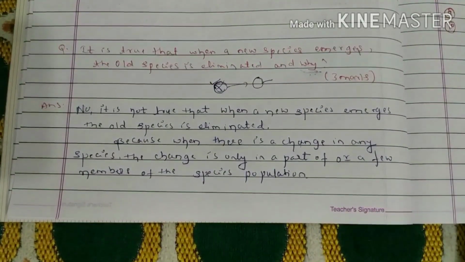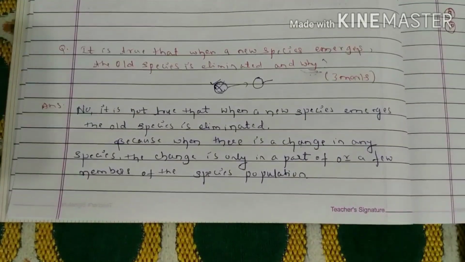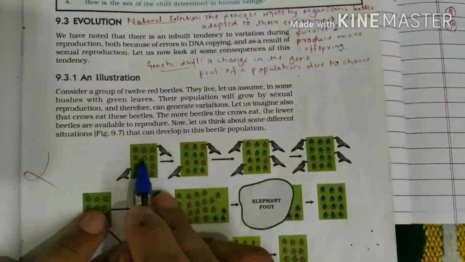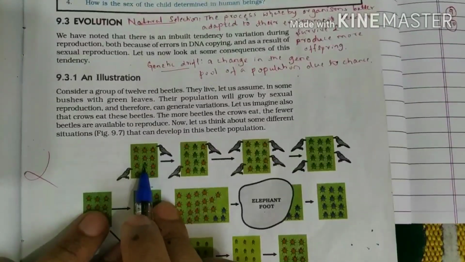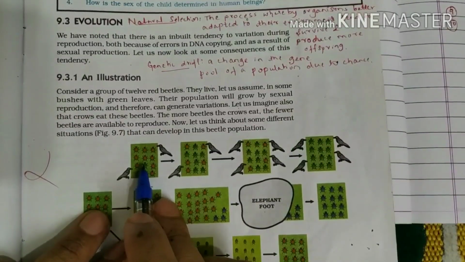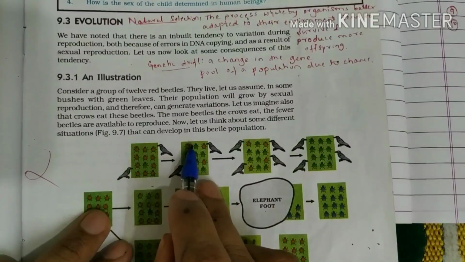We have to remember that when a new population is generated, the previous population is also present, not everything is converted. For example, in a population of red beetles, due to variation green beetles are obtained. If green beetles emerge, the red ones are not eliminated, they are also present in the generation.